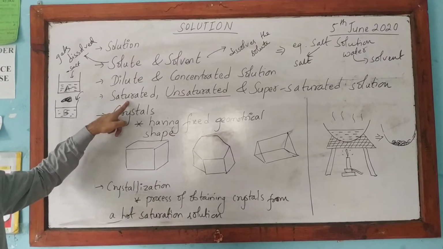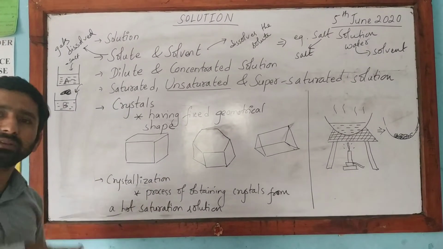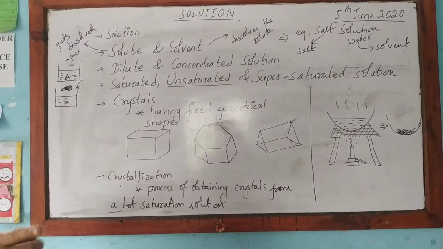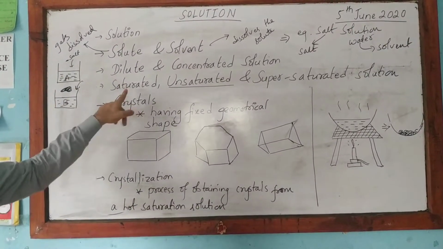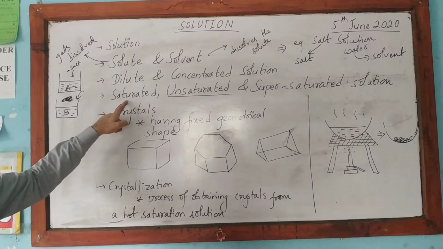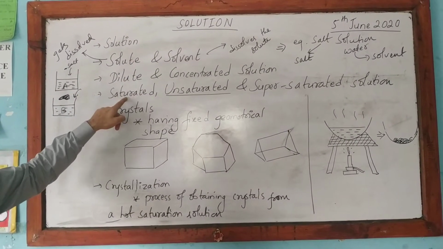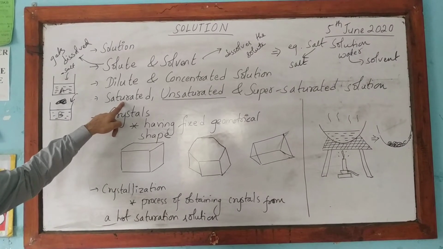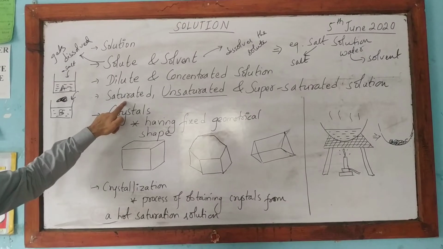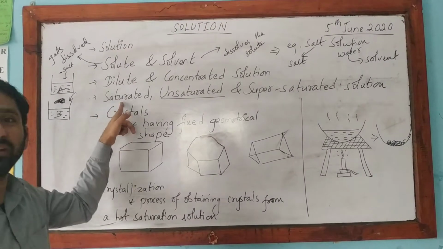It cannot dissolve further solute. If we go on mixing solute into the unsaturated solution, there will be a time when the solute stops dissolving. That type of solution is called a saturated solution. Now, if we heat this saturated solution, again it says that I am hungry.